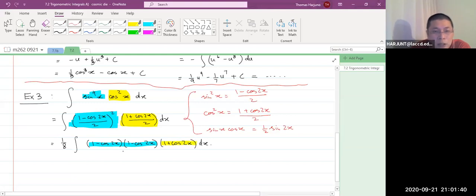Now the thing is, the product of this is a nice thing. Or basically you need to FOIL it. So this is 1 minus cosine 2x times 1 minus cosine squared 2x dx.